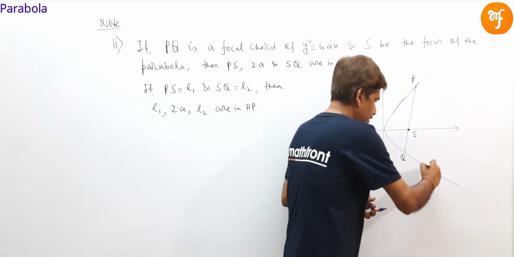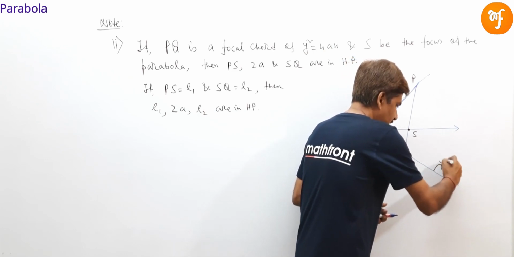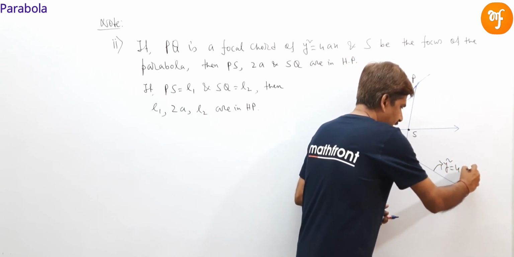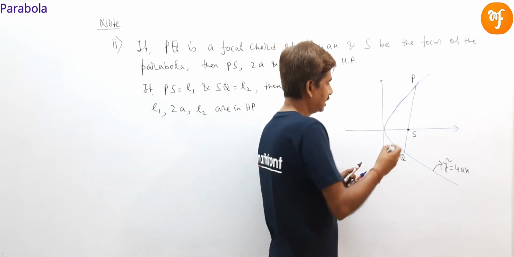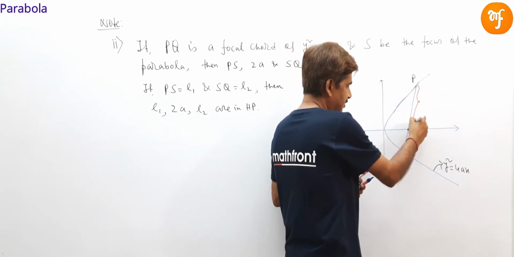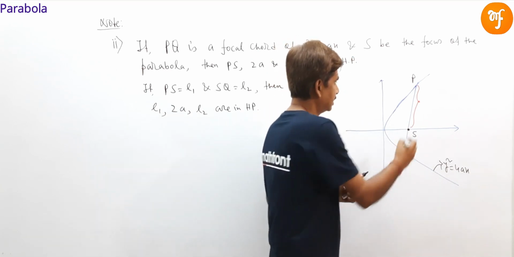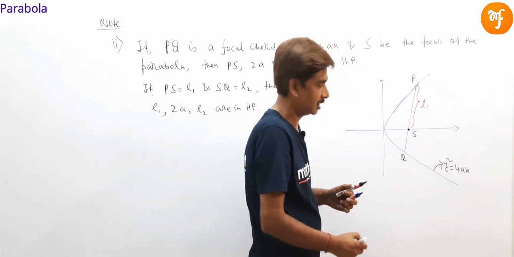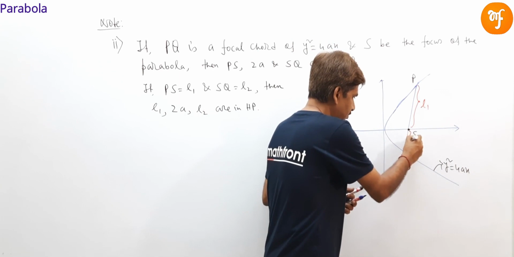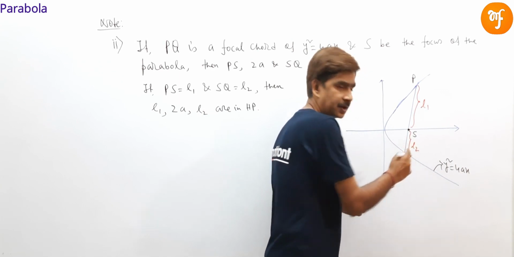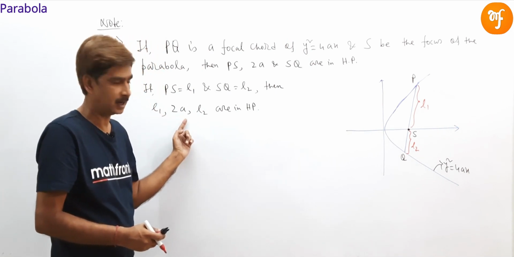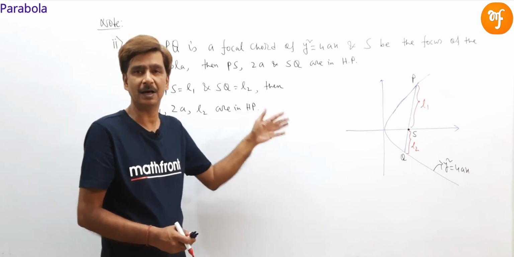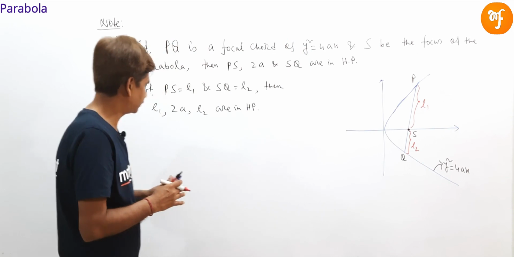The equation of the parabola is y square is equal to 4ax. Now the segment PS, suppose it is L1, and the segment SQ, suppose its length is L2, then L1, 2a and L2 are in harmonic progression.